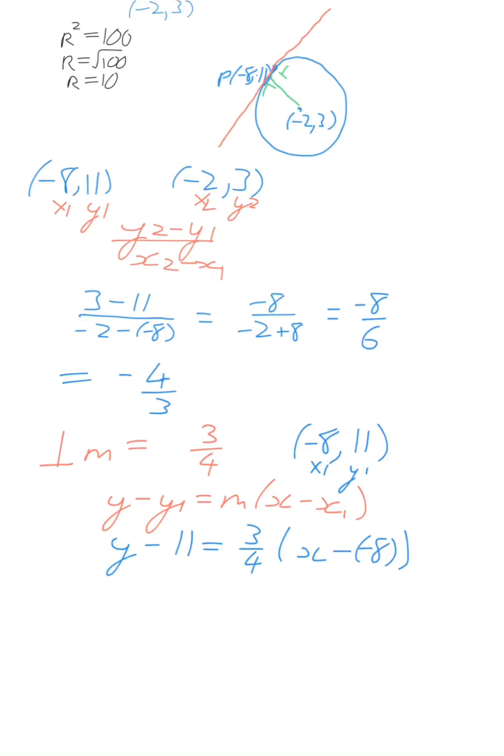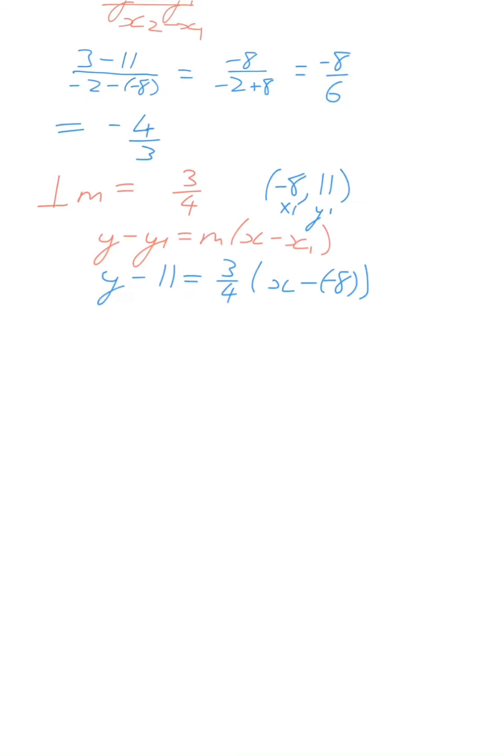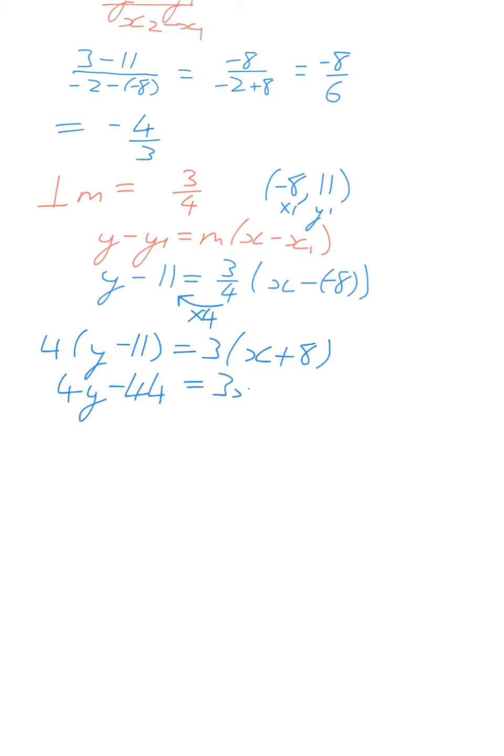Okay, and let's work this out now. The first thing I'm going to do is multiply across by 4 to get rid of the fraction. So on the left, I'm going to have 4 times y minus 11 is equal to 3 times x plus 8. So let's expand these brackets now. So I'll have 4y minus 44 is equal to 3x plus 24.